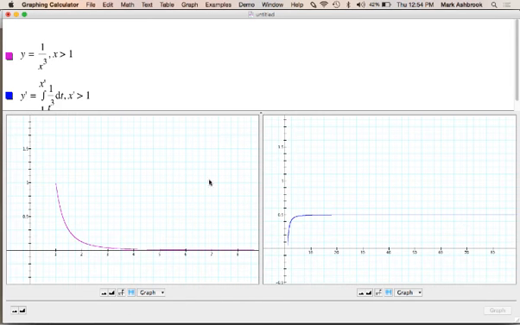Okay, so then what about this? What if our rate function is one over x?